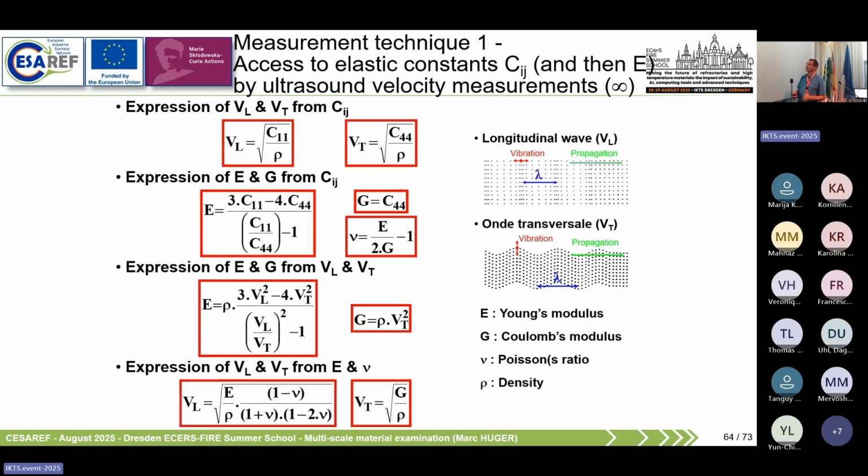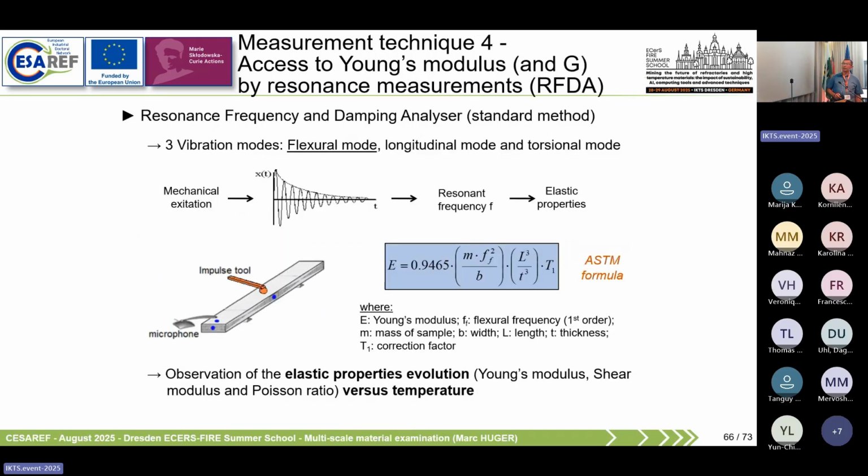I will not go into detail about the formula. You can check that later. Maybe you have an RFDA system. In an RFDA system, you make an impulse and you make the resonance measurement.